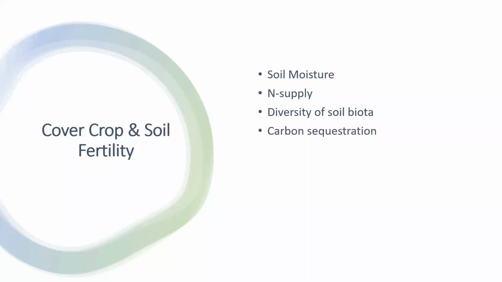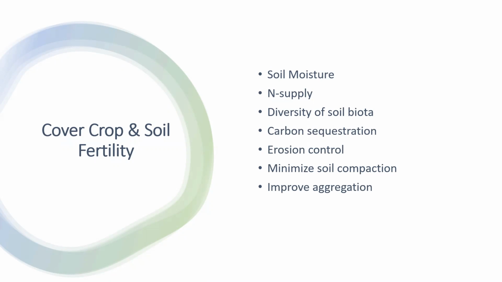They help manage soil fertility by adding moisture to the soil, supplementing nitrogen to the soil, maintaining diversity of soil biota, sequestration of carbon, helping to control soil erosion, minimizing soil compaction, improving soil aggregation, and regulating soil temperature.